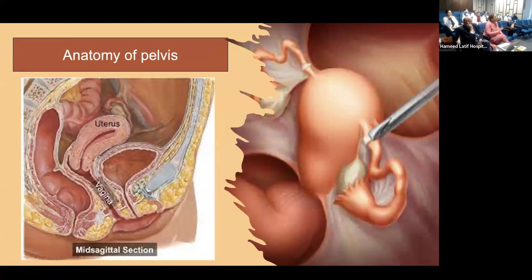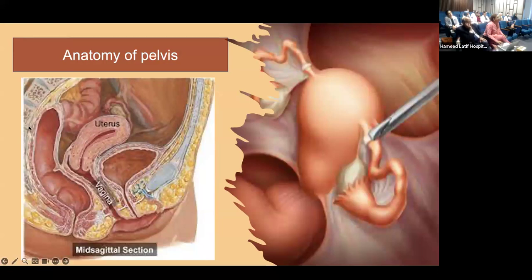So basically, this is just to highlight the anatomy of the reproductive tract. Do we have a pointer? Excuse me. I'm sure all of you know this: look at the uterus, and look at how the bladder is placed onto the anterior surface of the uterus. If you're going to do a procedure with a full bladder, the chances of injury to the bladder are going to increase.